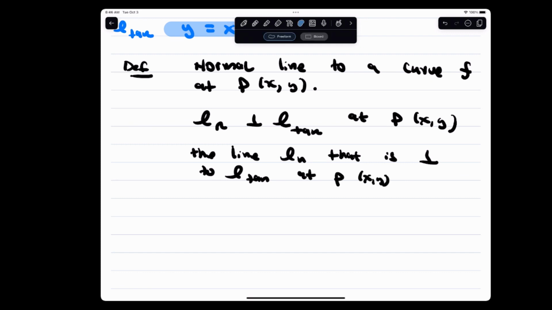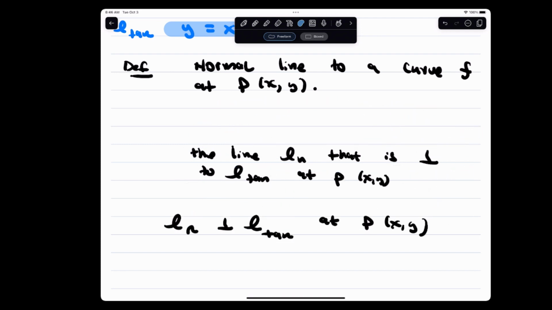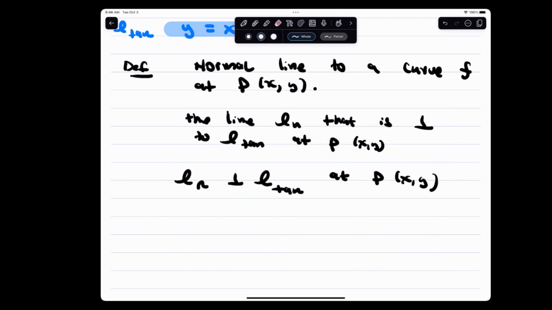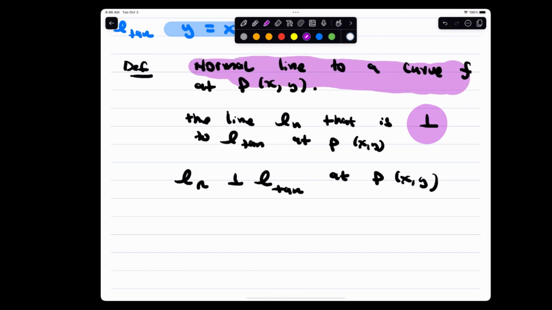Okay? So here we go. Now it's easy peasy. You guys remember this is a symbol for perpendicular. And this normal line shows up in science.